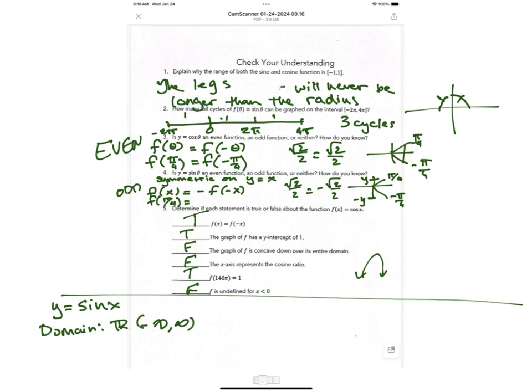The range for y equals sine of x is negative 1 to 1. No questions on that? Okay.